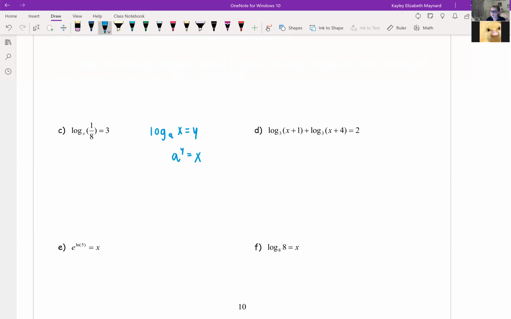So this is going to help you solve this problem. Whichever class you're in, I know that I definitely introduced that little trick that I learned, that you just draw a little arrow going from the base over here to here. And that tells you that this is the same as x to the third power equals 1 over 8.